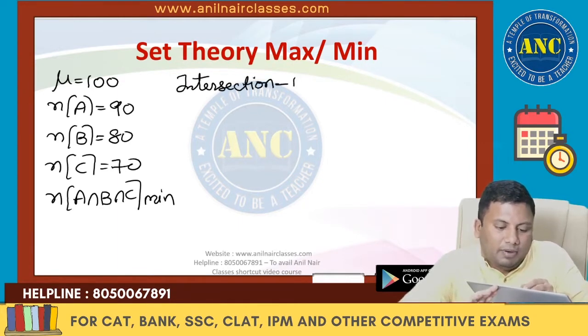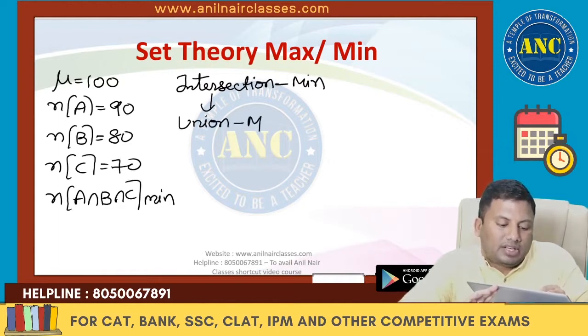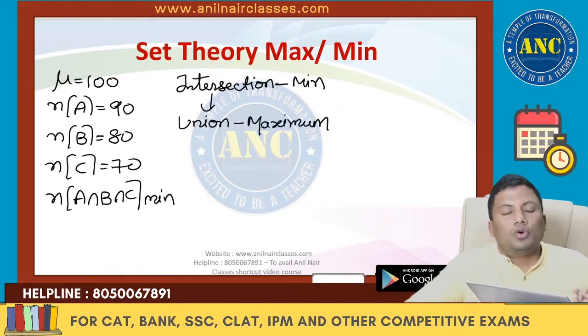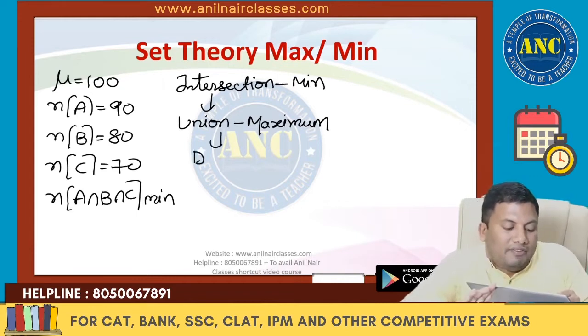Intersection is minimum. That means union should be maximum. Union is maximum when the sets are disjoint.